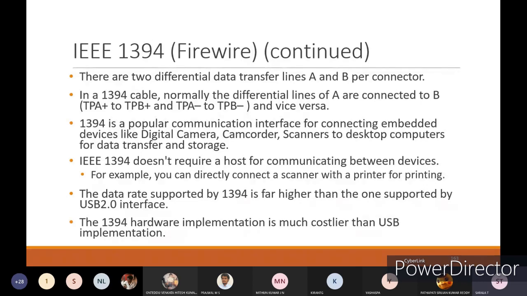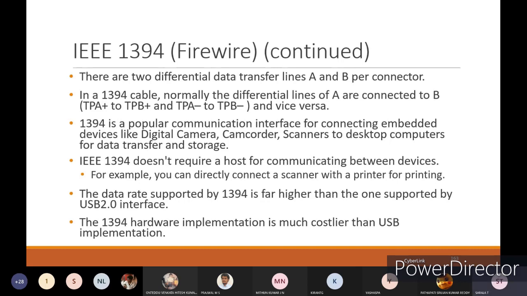For example, you can directly connect a scanner to the printer for printing. See, if two devices are there, then also you can communicate. Even if two slave devices are there, both can be interconnected by using FireWire, and you can communicate through that. No need of a host. It is not compulsory to have a host device.